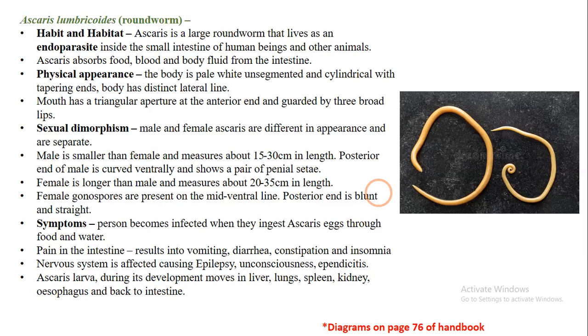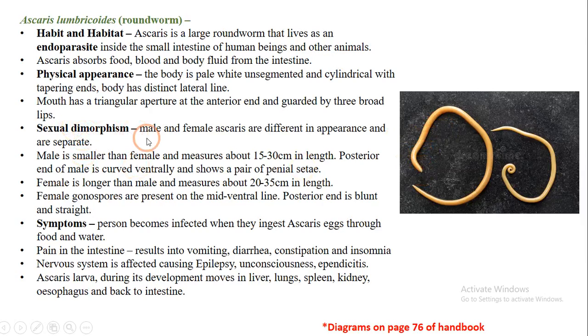Now let us speak about the physical appearance. The body is pale white, unsegmented, and cylindrical, and it will also have tapering ends on both sides. The mouth is triangular. Okay, so it has this triangular aperture on the anterior side, and they are guarded by broad lips.